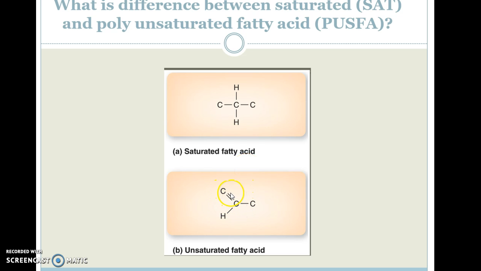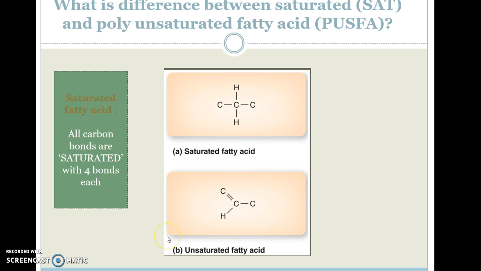This one has a double bond, this one does not. Saturated fat is solid at room temperature because of this single chain of carbon, whereas when you have a double bond, that causes the fat to be liquid or at least semi-solid at room temperature.